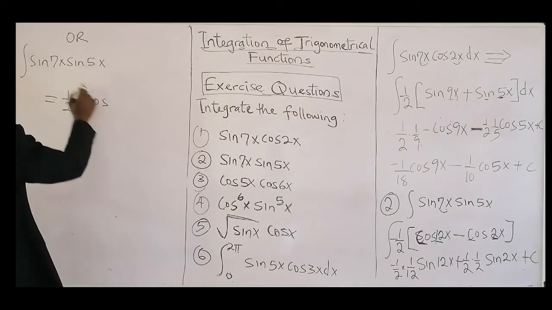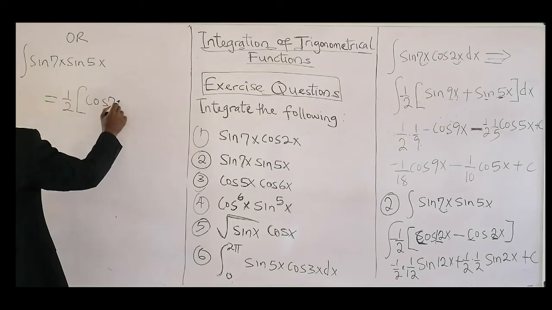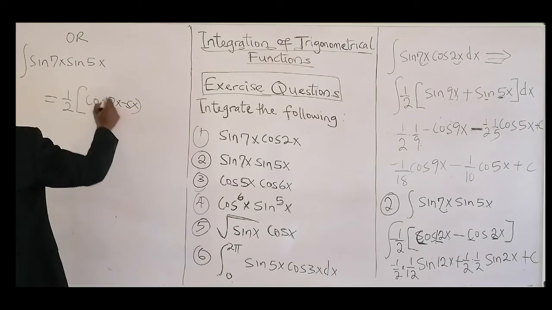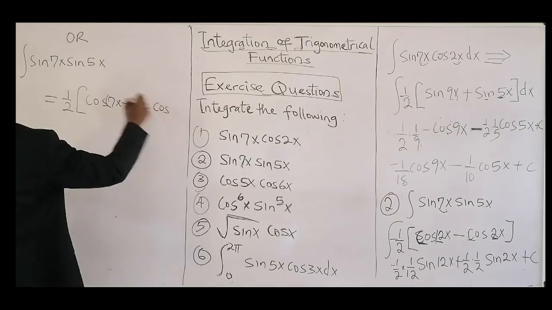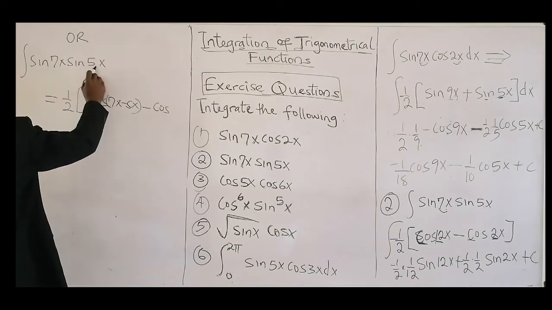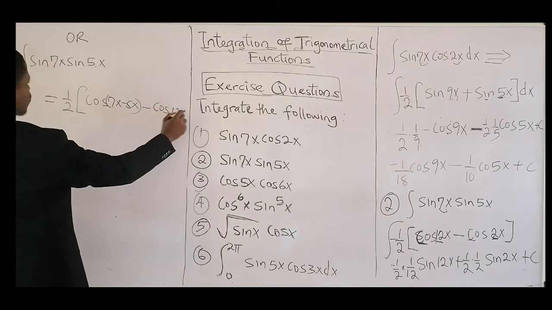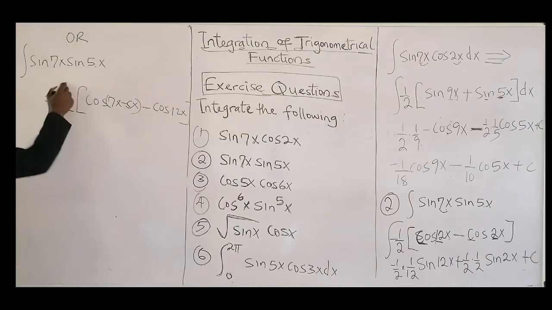Subtraction can come forward first, 7x minus 5x. Then minus cos of 7x plus 5x, that's 12x. So these are the two ways you can solve it.